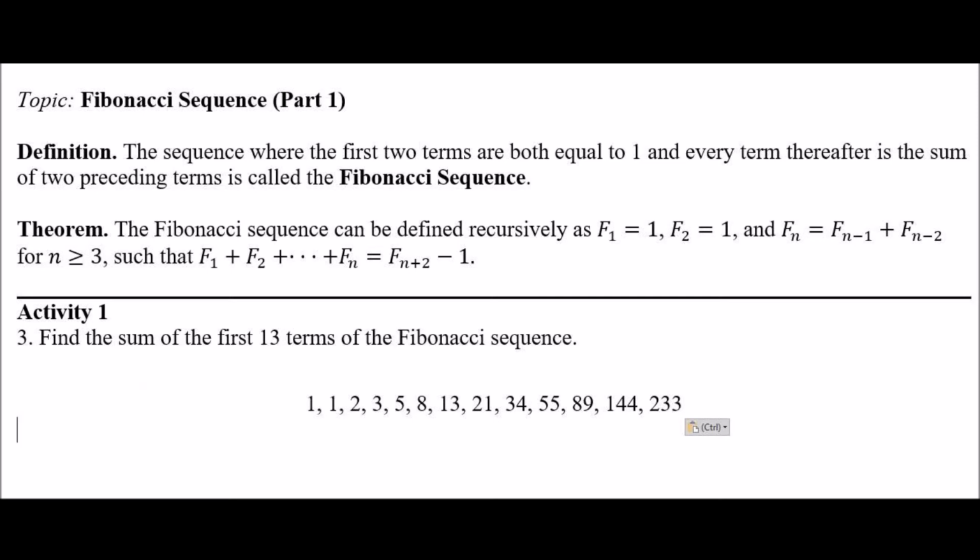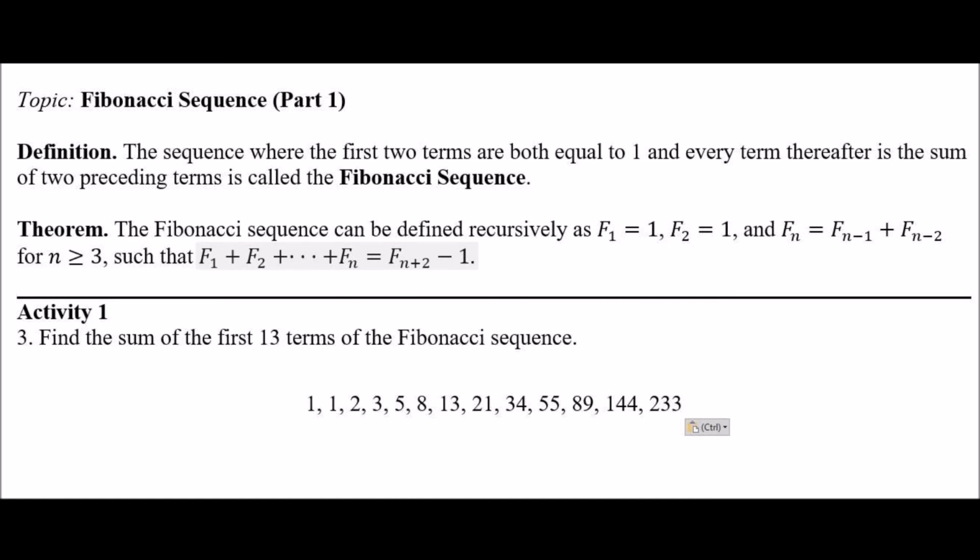So we need to find the sum of these terms. Here in our theorem, we have a formula for the series of a Fibonacci sequence: f sub 1 plus f sub 2 up to f sub n is equal to f sub n plus 2 minus 1.